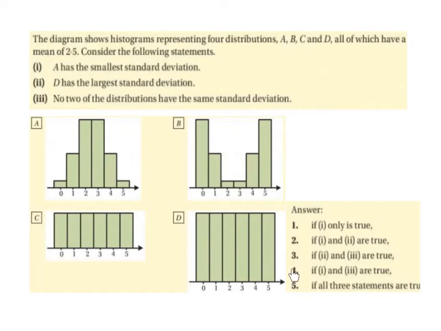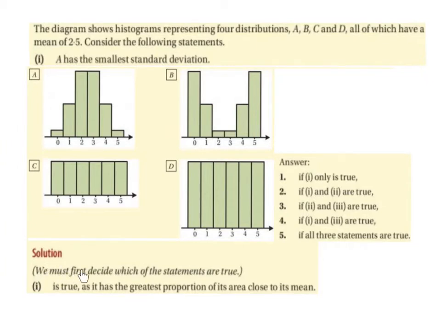Number 4, if part 1 and part 3 are true. And lastly, number 5, if all 3 statements are true.